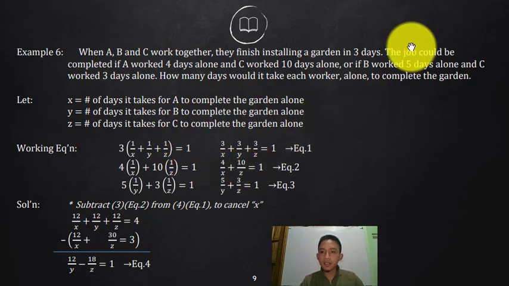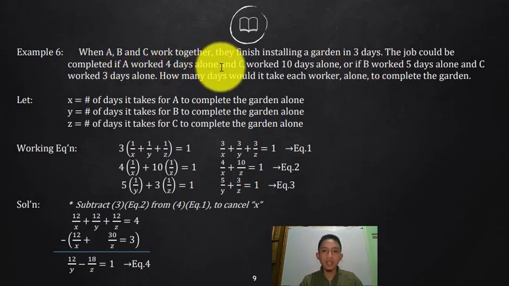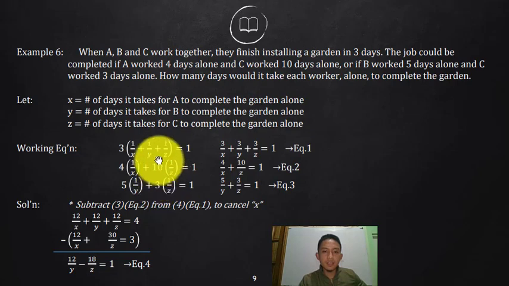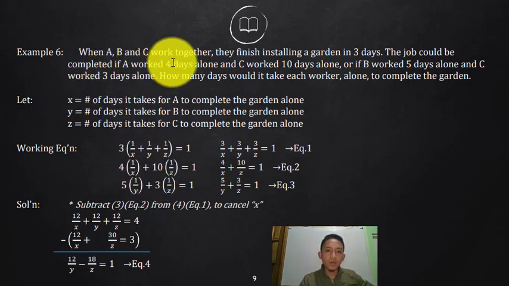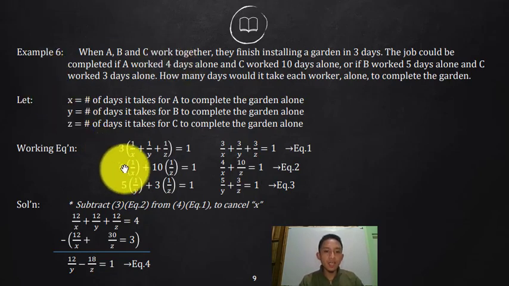Okay, second scenario, it is for A and C to work. First, A will work for 4 days alone. So only A will work for 4 days. So 4 days times what A will finish in 1 day. That is 1 over x, isn't it?